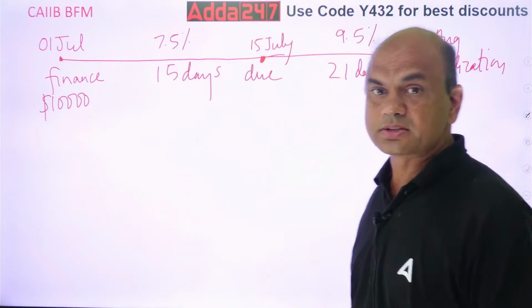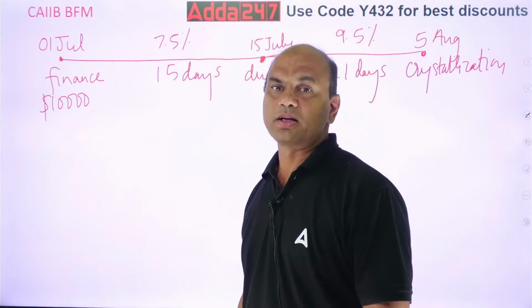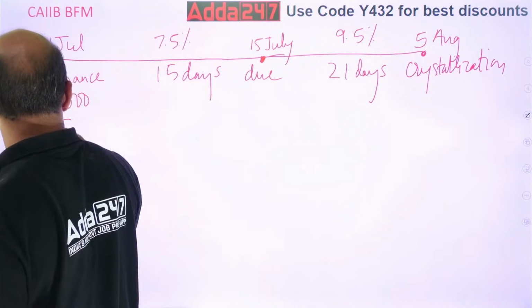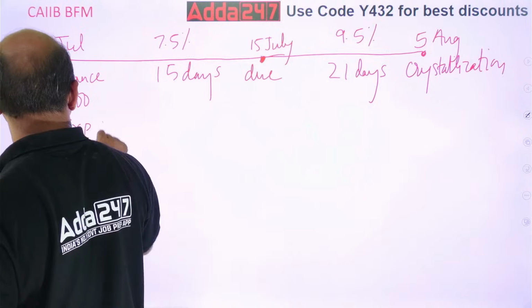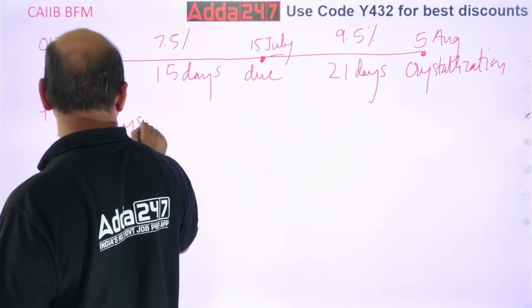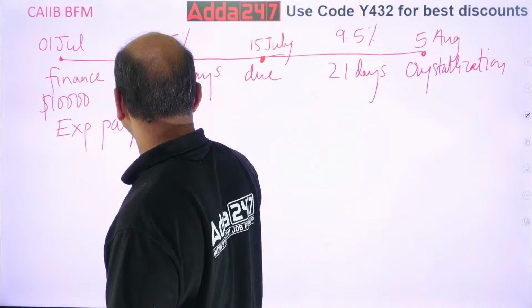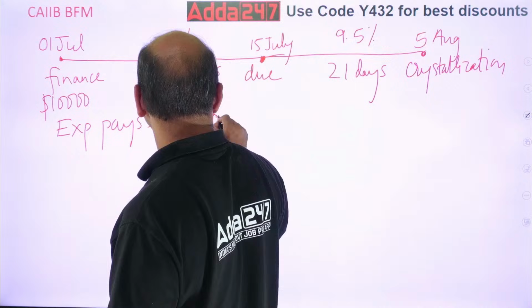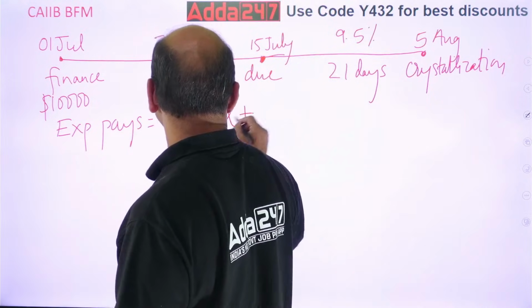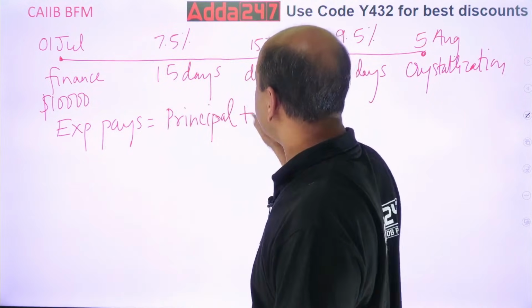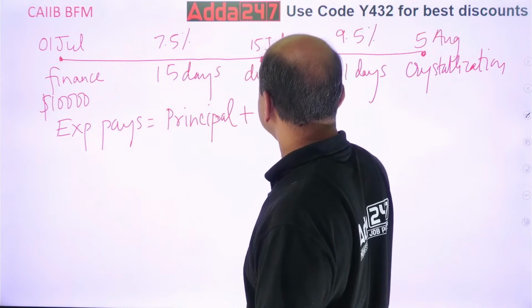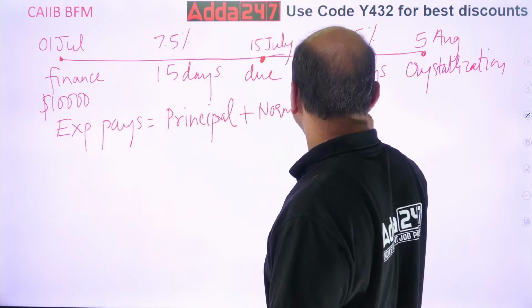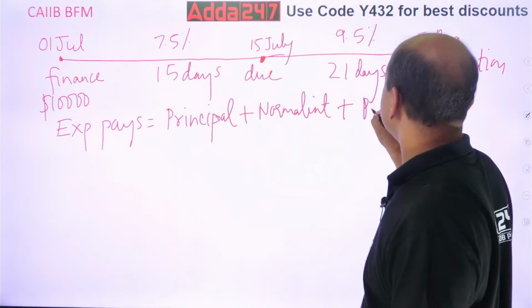So what should that customer, the exporter, pay me now? First, the principal. Principal plus normal interest plus penal interest.